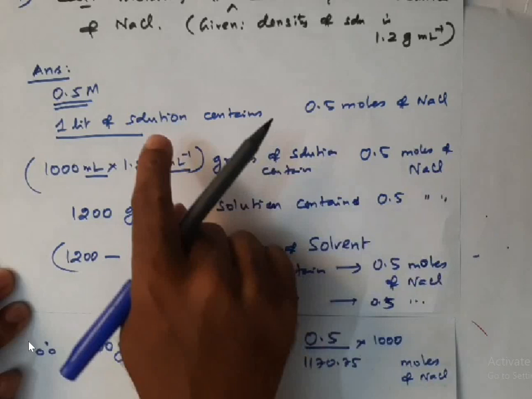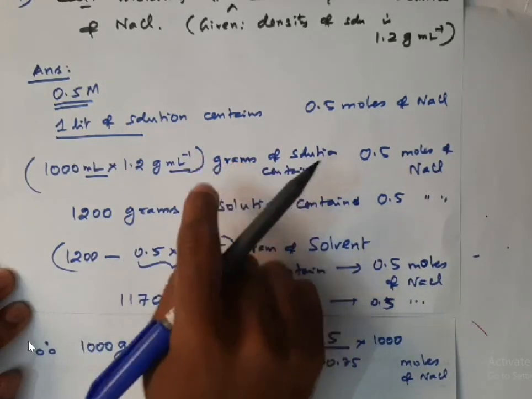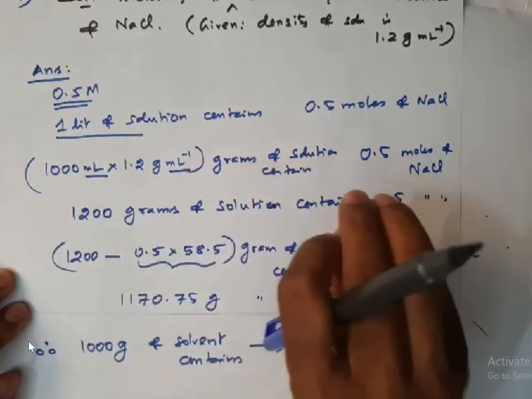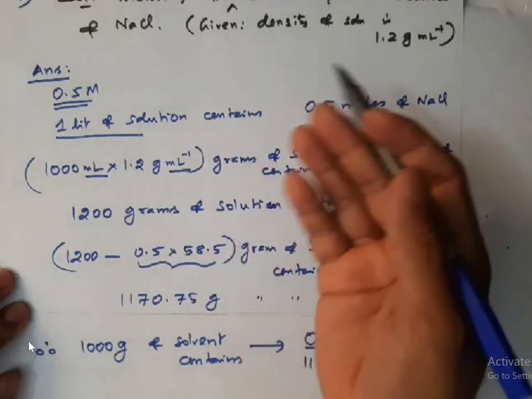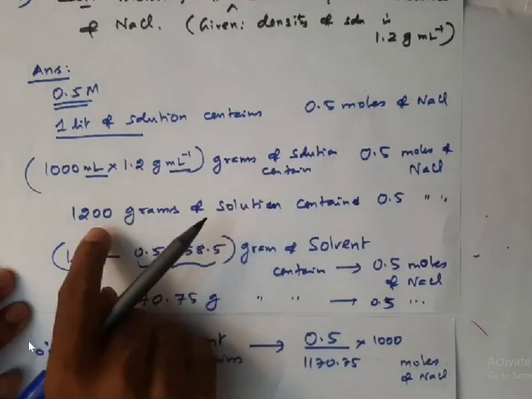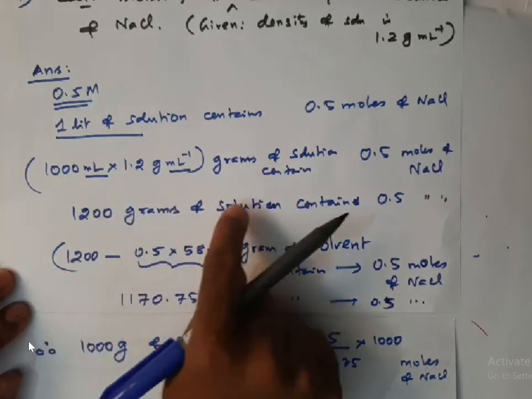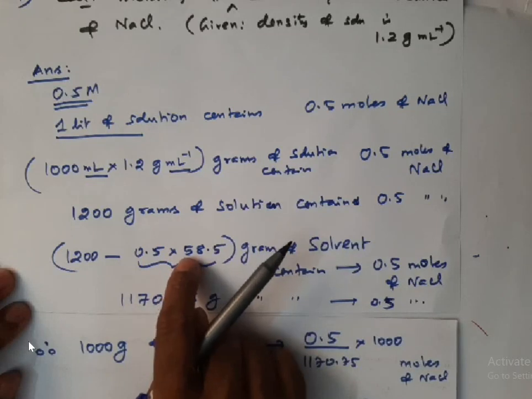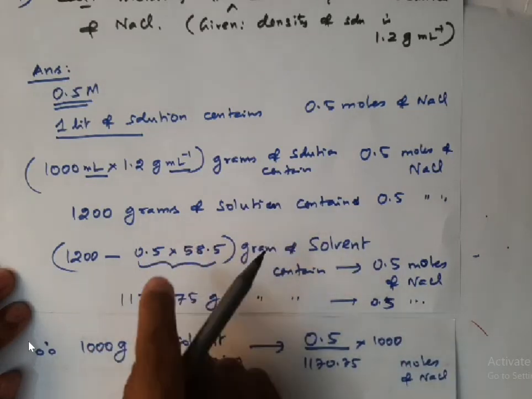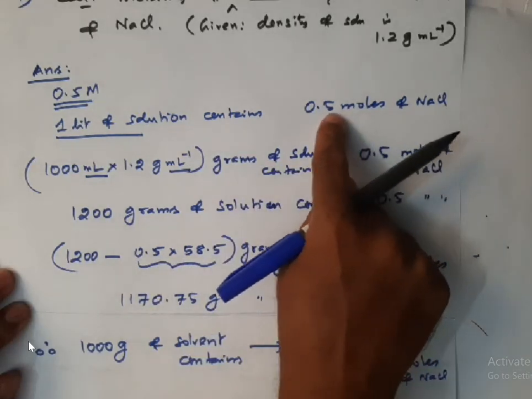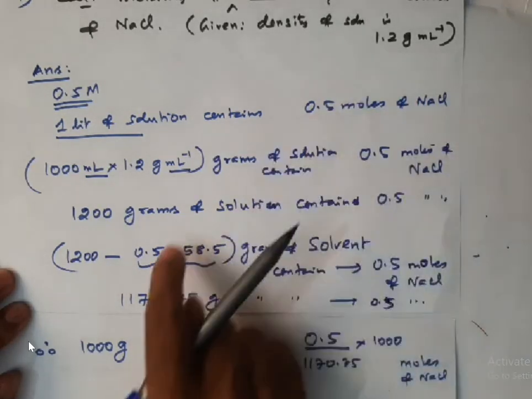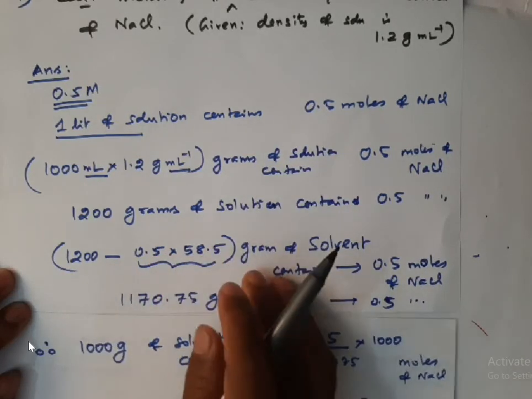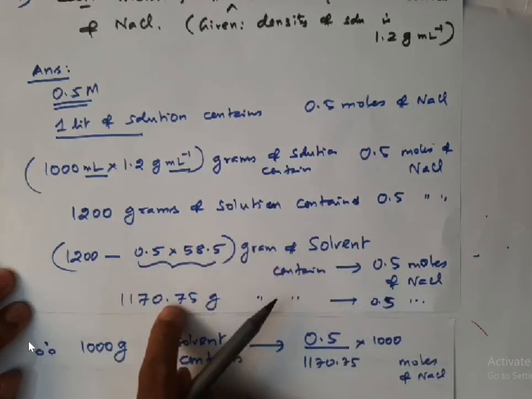Now we have converted volume into grams. This is the mass of solution. From the mass of solution, if you subtract the mass of solute, you will get the mass of solvent.